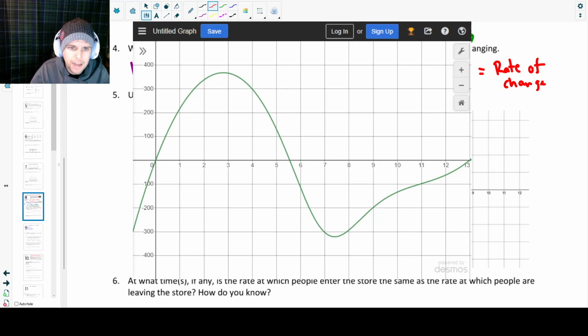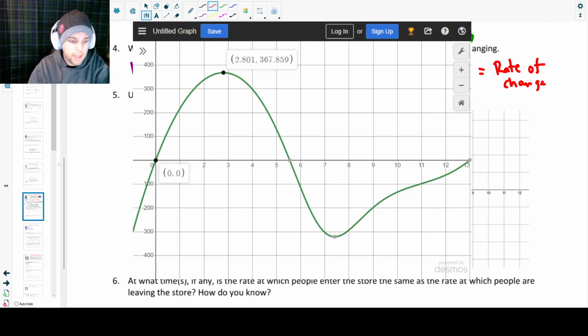So I'm going to talk about a few different ways that we could do this. On a graphing calculator, we could use our trace option to look at these different values at 1, at 2, at 3, 4, 5, 6, so on, and create a representation of this. I am going to go ahead and take a screenshot of that and just throw it over the top. But you do want to make sure that you can use your graphing calculator and these functions to be able to do this same thing.